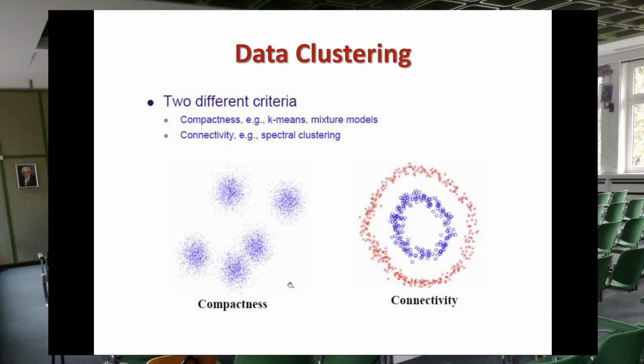And in spectral clustering, we are applying clustering to try to detect groups of points that are not necessarily organized in compact groups, like in this drawing on the left. This method is very powerful to detect connectivity in our data set.